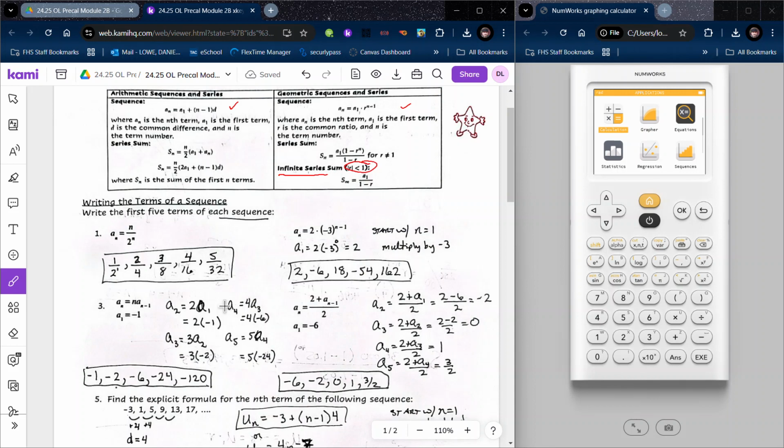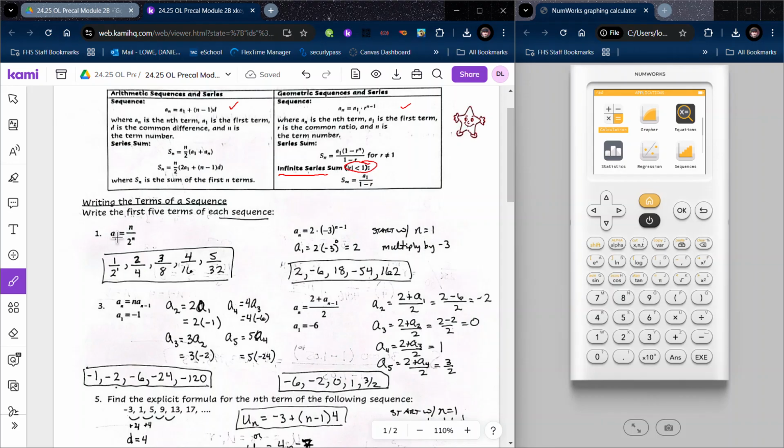If we want to write the first 5 terms of each sequence, then we want to list out our terms separated by commas, because commas describe a sequence for how we list our terms. Be sure that you start with n equals 1 unless you're told otherwise.